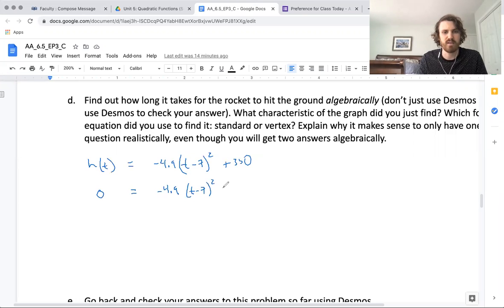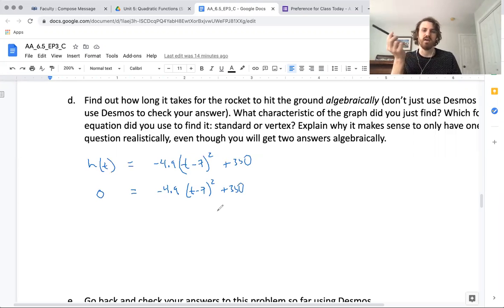Now, the tempting thing here is to actually multiply out the (t minus 7), but you do not want to do that. Instead, you want to see, what's been done to t and how do I undo those things? So when I look at this, I see, I've subtracted 7, then I squared it, then I multiplied by negative 4.9, then I added 350. So let me undo those things to solve for t.